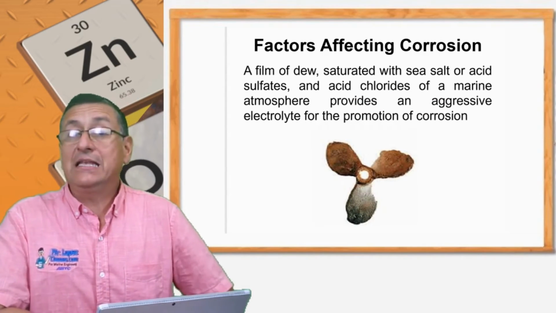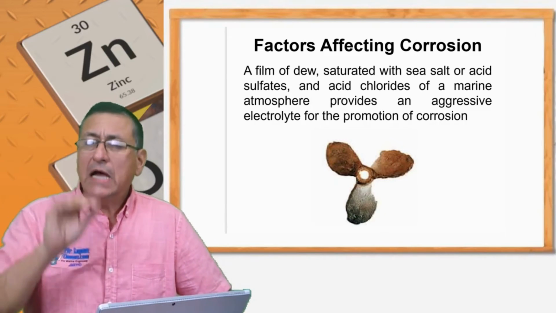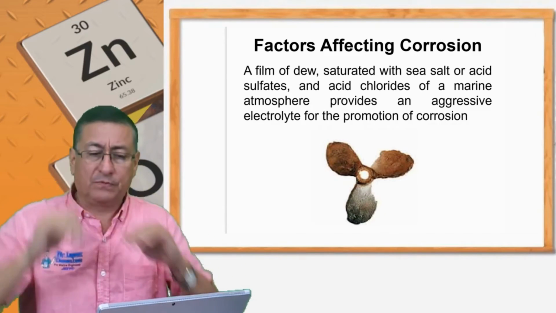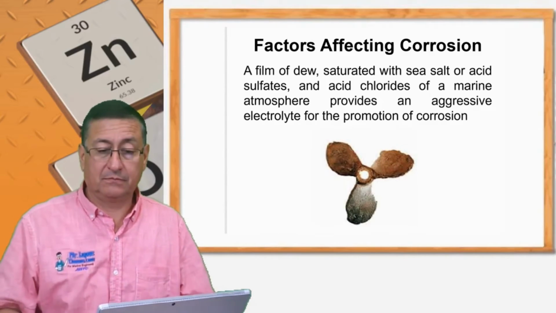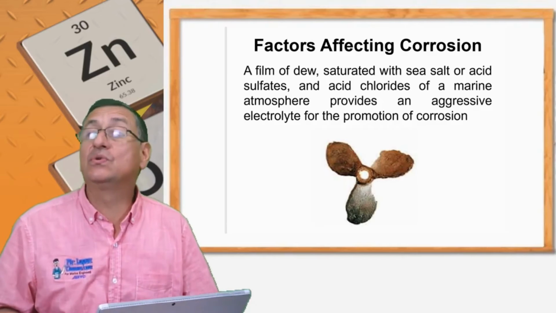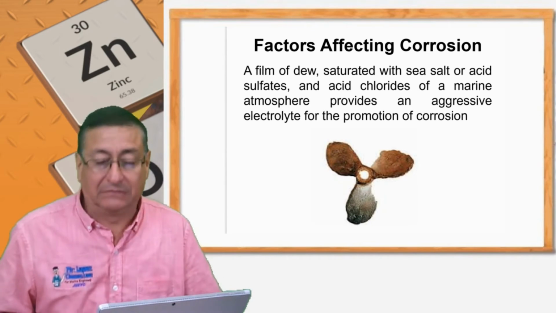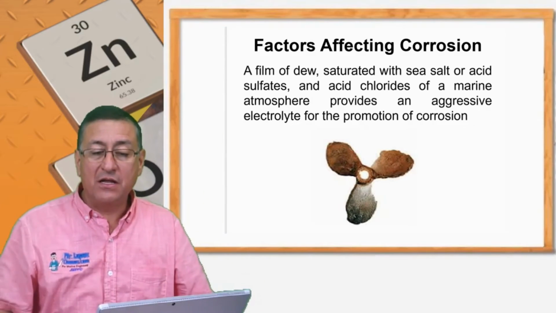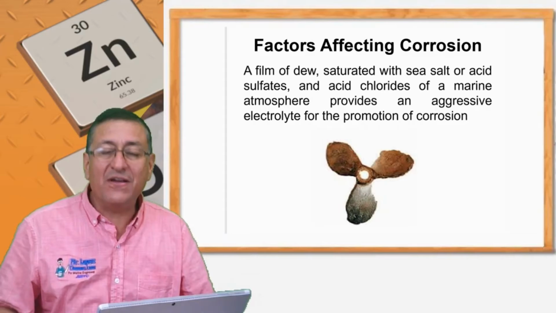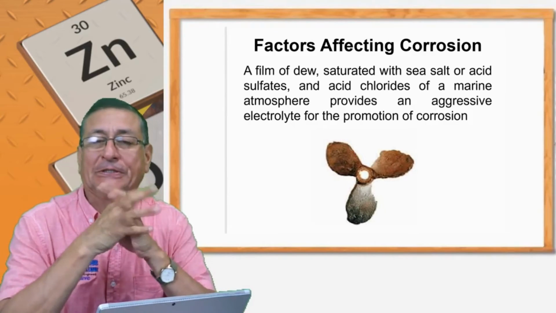Factors affecting corrosion. A film of dew, that small film of moisture, saturated with sea salt or acid sulfate and acid chloride of a marine atmosphere, provides an aggressive electrolyte for the promotion of corrosion.